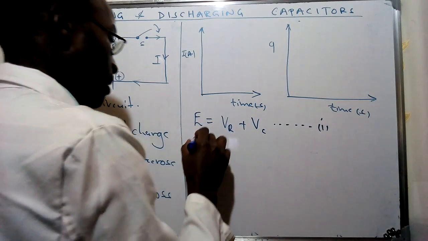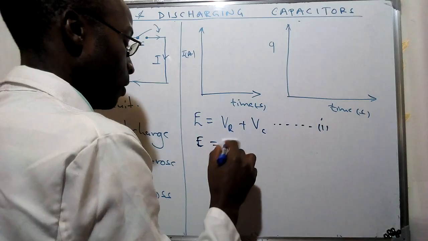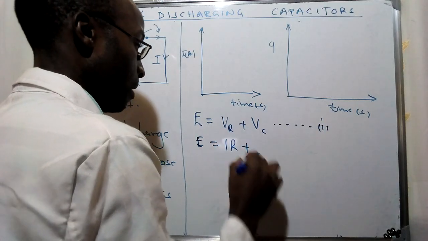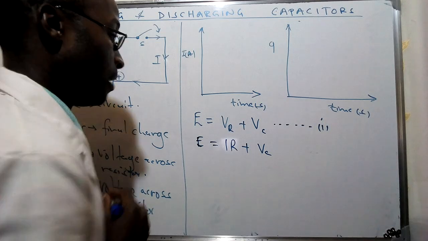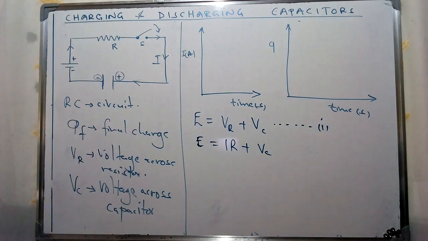And further, we said we can represent this as E equivalent to IR plus V_C. Now, in this case, we said that the point where the capacitor is fully charged is a point where this current is going to drop to zero.